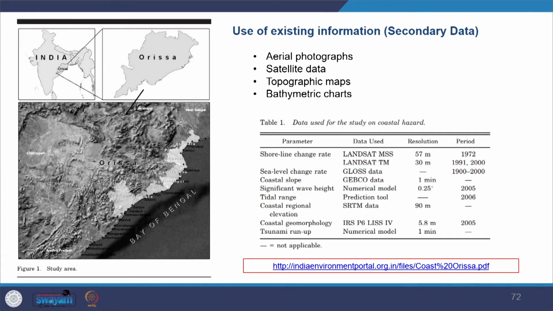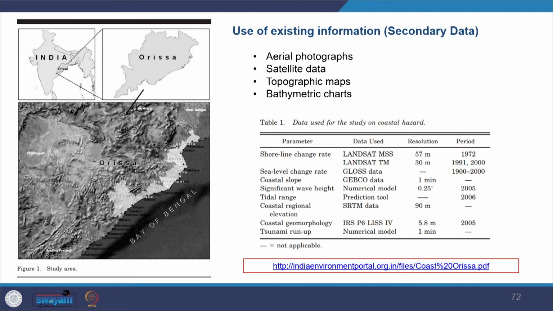Most of the existing information, you would see that now aerial photography is most used, and satellite data is more used, because the coastal areas are wide and complex, and it's not easy to have point data in most of the places. So we are seeing that the use of aerial photography and satellite data is increasing.